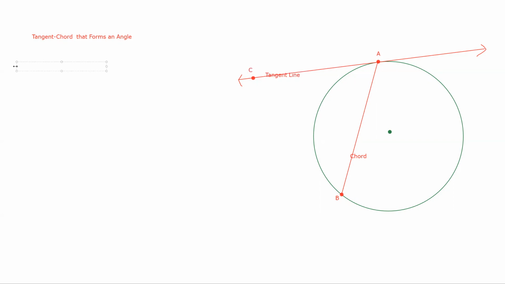So the problem says you have chord AB and tangent AC form an angle of 25 degrees. Okay? So that tells you that angle BAC equals 25 degrees. You can just notate that right here. 25 degrees right there.